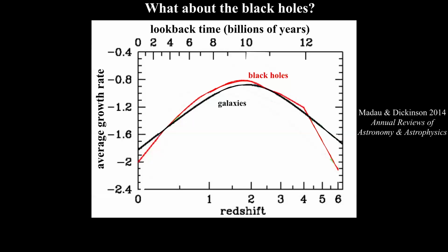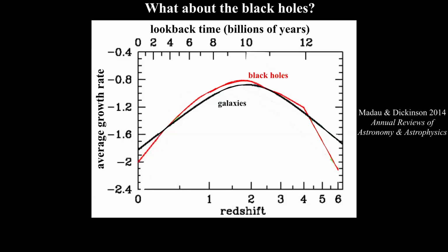What about black holes? Is there anything different happening there? Well, not really. This is the y-axis. I promise I won't show many plots. This is the growth rate of these things, black holes and galaxies. This x-axis is basically time. We call it look-back time. How far back can we look in the universe?